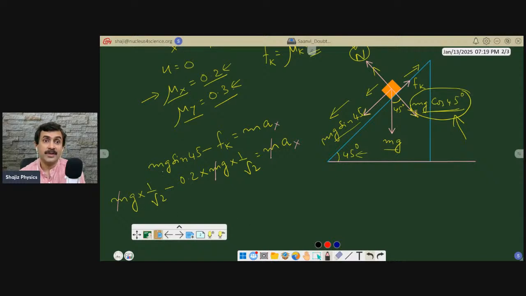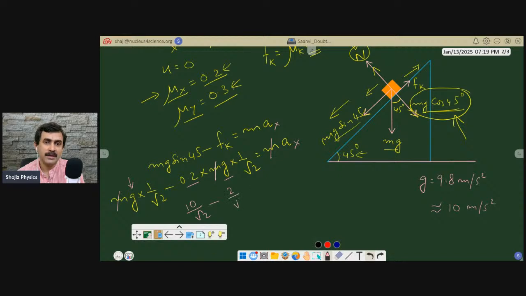See, we know that the value of g is 9.8 meter per second square. We can approximate it to be 10 meter per second square for ease of calculation in this context. Now, here g is 10. So I can write 10 by root 2 minus 0.2 into g. 0.2 into 10 is 2.